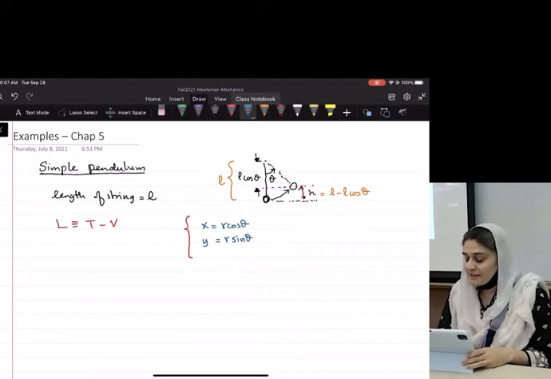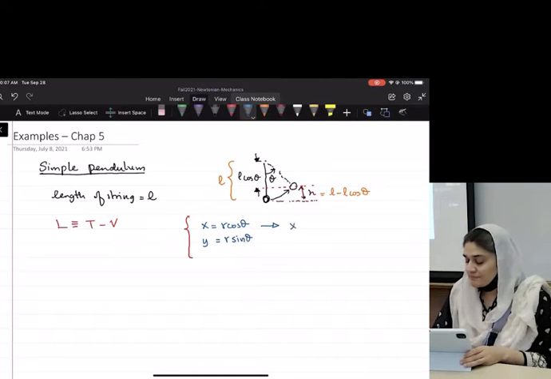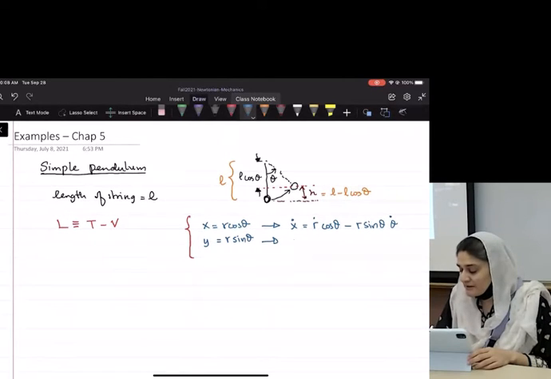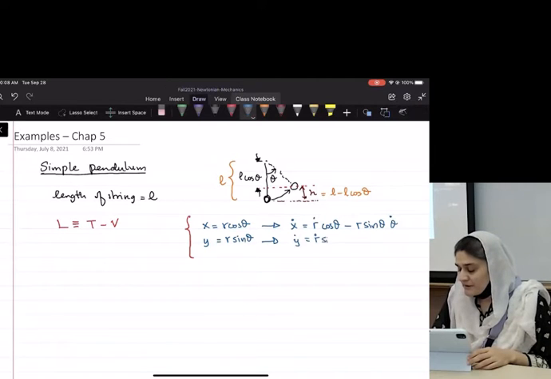So what is x dot? r dot cosine theta minus r sine theta theta dot. Then y dot equals r dot sine theta plus r cosine theta theta dot.